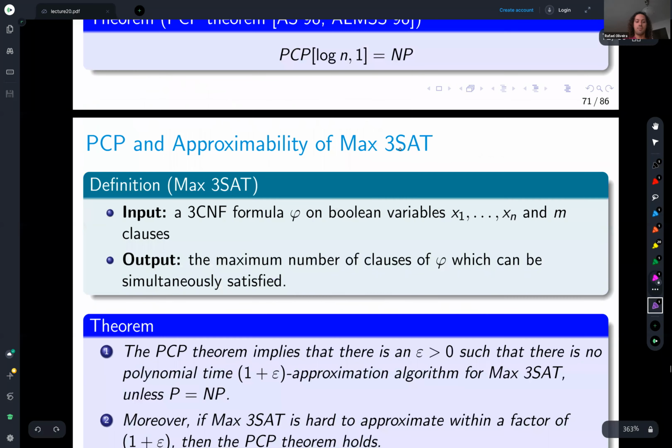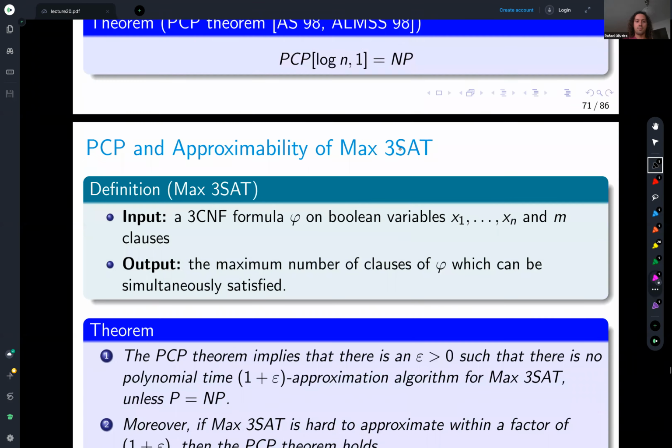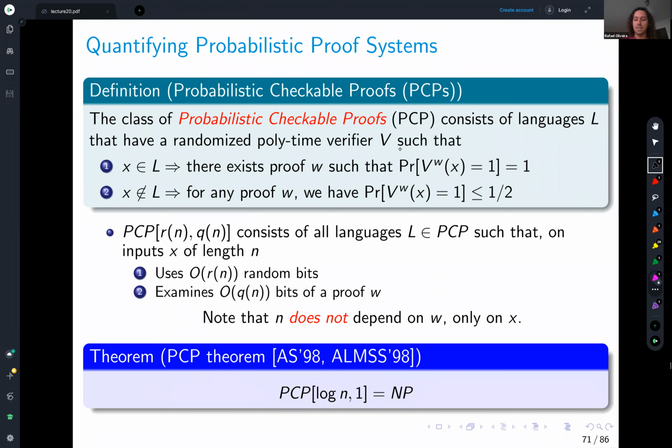This is saying that the class NP has proofs of polynomial size, and if the verifier is allowed to look at the input and the entire proof, it always accepts only if the input is in the language.